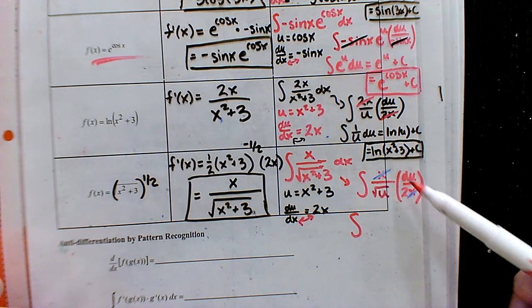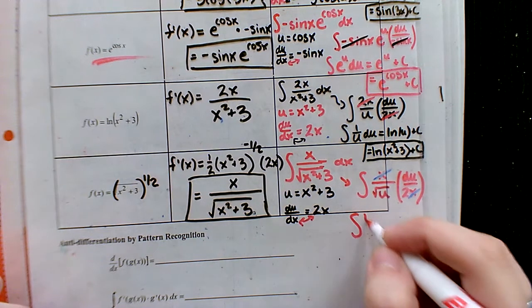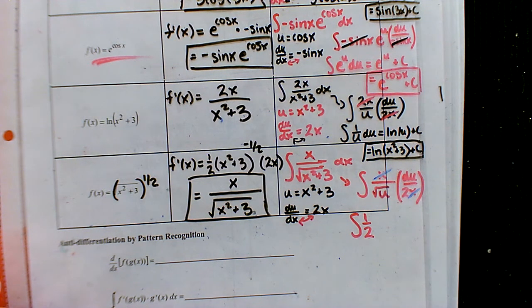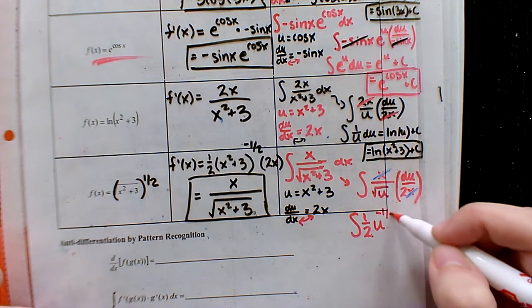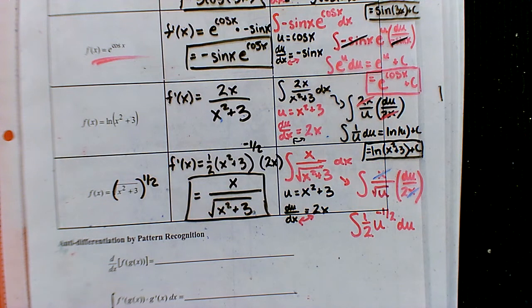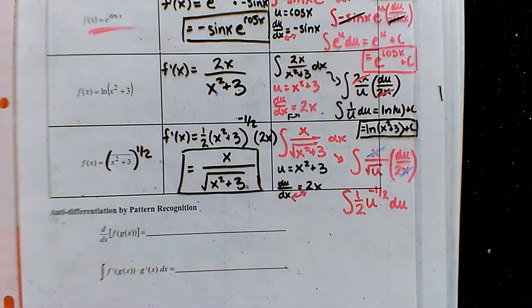We essentially have a 1 over 2 because we have a 2 left in the denominator. And maybe instead of having the square root of u in the denominator, what if we brought that up and wrote it as a negative 1/2 power? That might help us a little bit. Can we work backwards from 1/2 u to the negative 1/2 power?